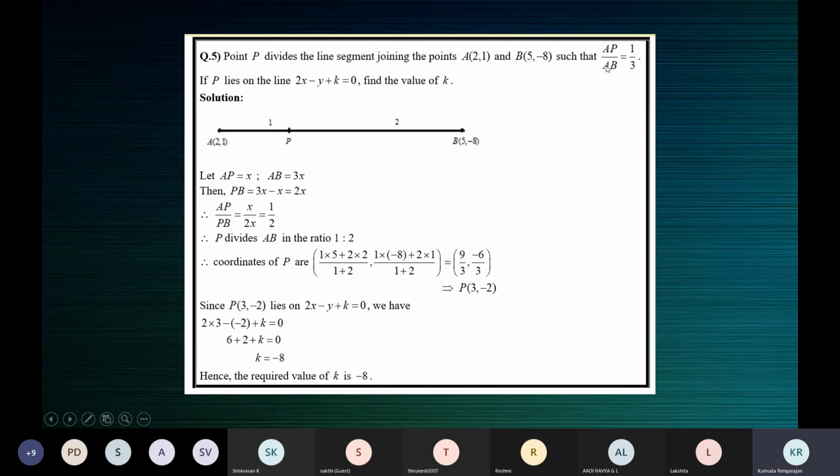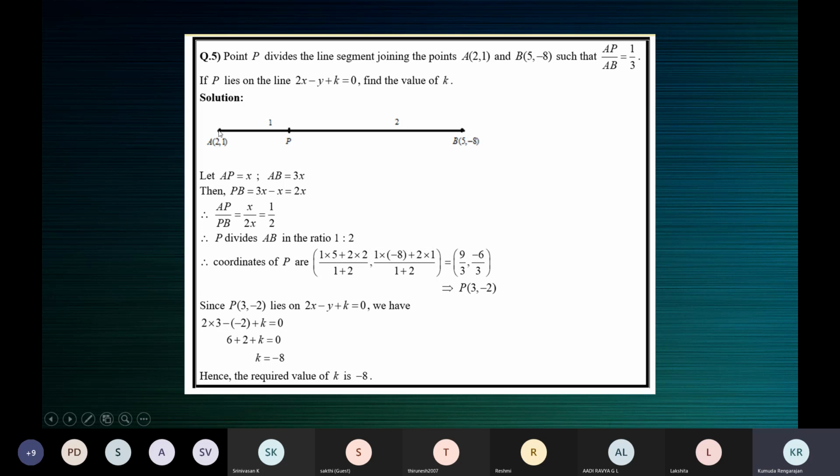So first we need to understand if the ratio given is the required ratio to be used in the section formula. That is very important. Just because we see a ratio there, you cannot use that as the values of m and n for the section formula. You can always draw a figure like this, take the line segment, mark the endpoints. P is the point of division.